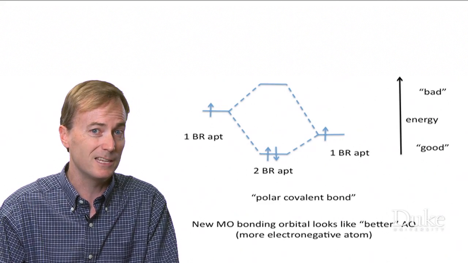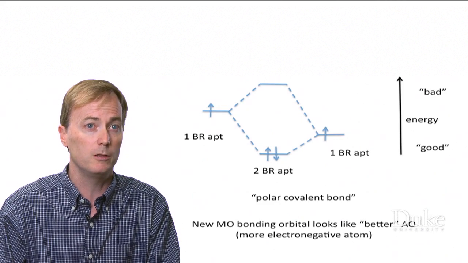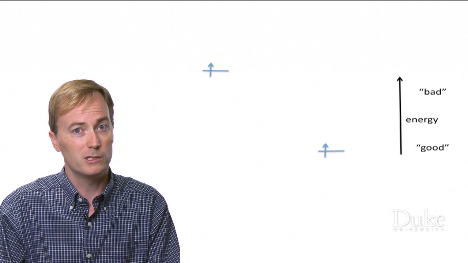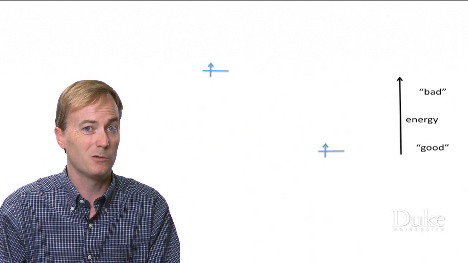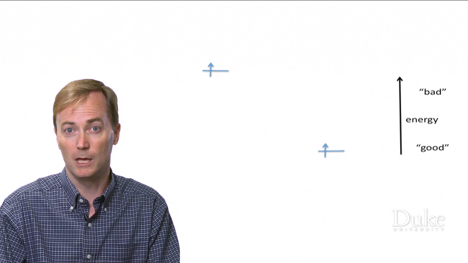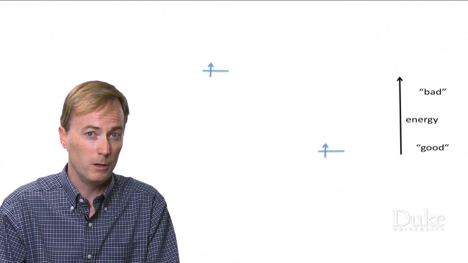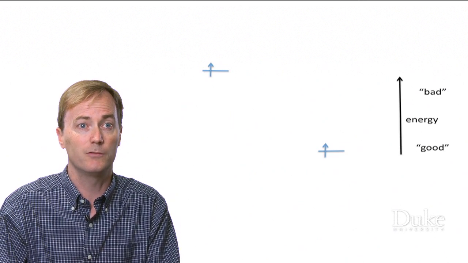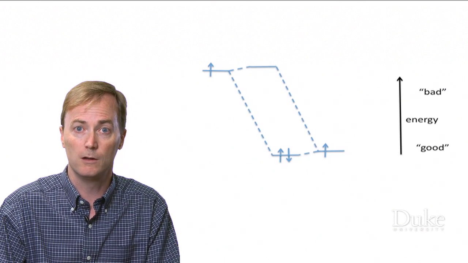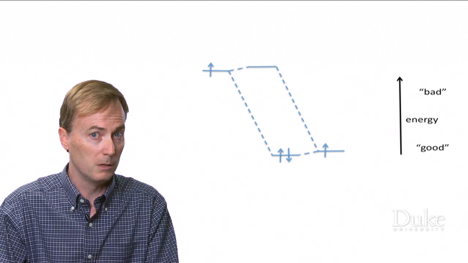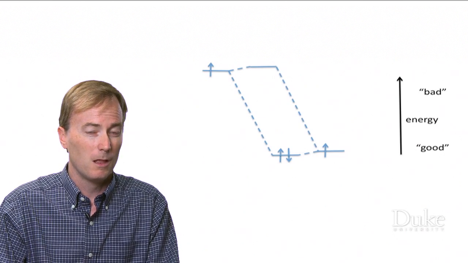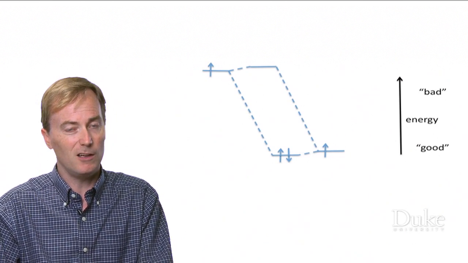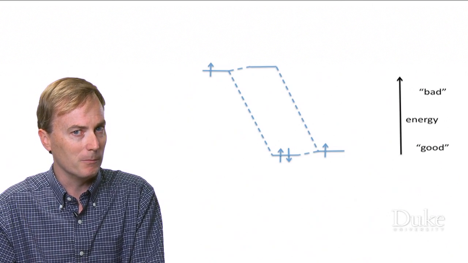Okay. You can take this analogy even further and push it to the extreme, where one of you just had a great apartment and the other one's was pretty lousy to begin with. Okay. And now, when you guys combine all your stuff and move together, you still get a pair of molecular orbitals. But the cool room just has all the stuff that used to be in your apartment, right?